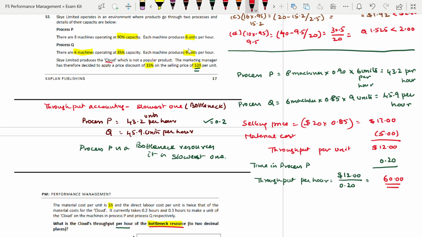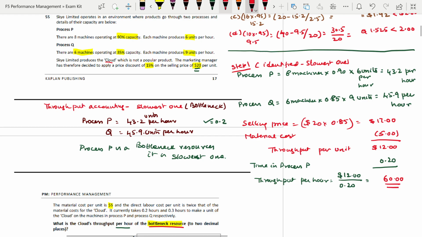Are you clear about this? See, what is the concept? Keep it in mind: the slowest one. This is step 1. In step 1, we have identified the slowest one.